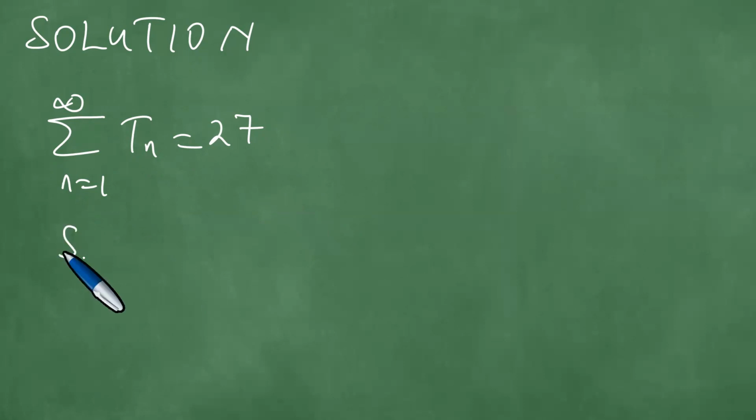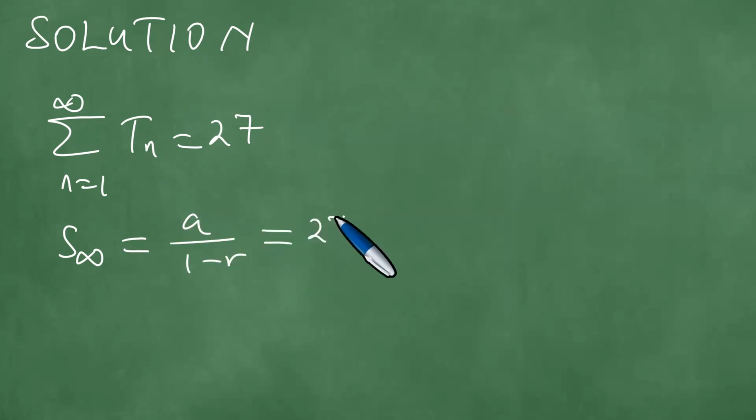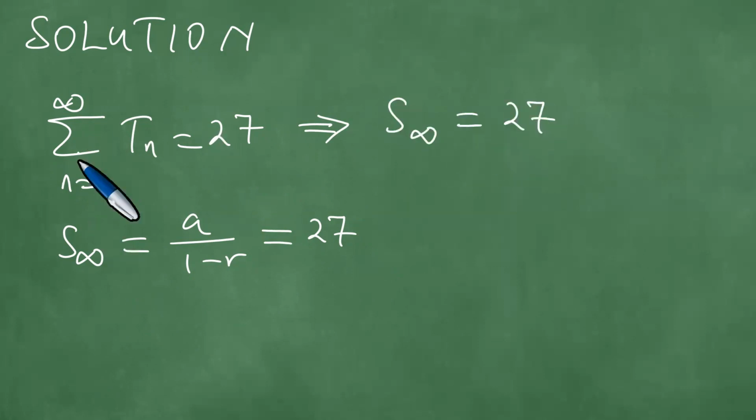It means the sum to infinity equals 27. We already know that the sum to infinity has its own formula, which is a over 1 minus r.